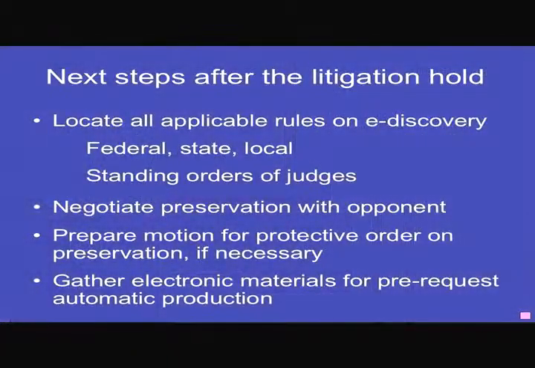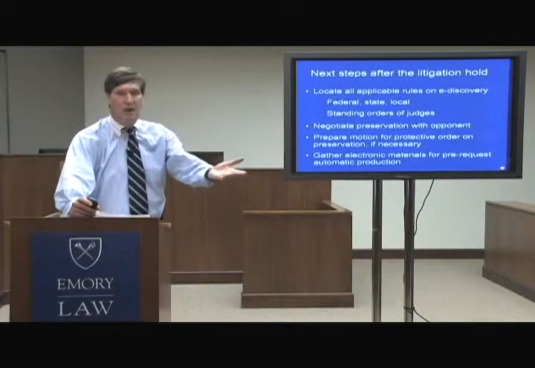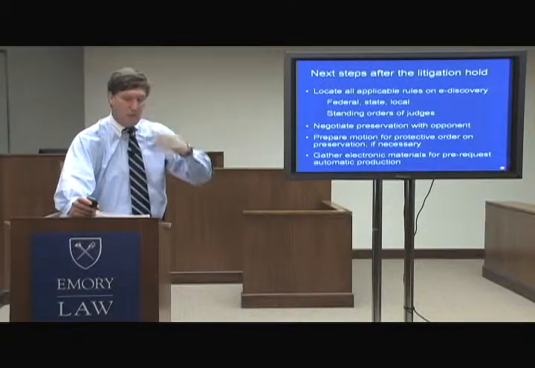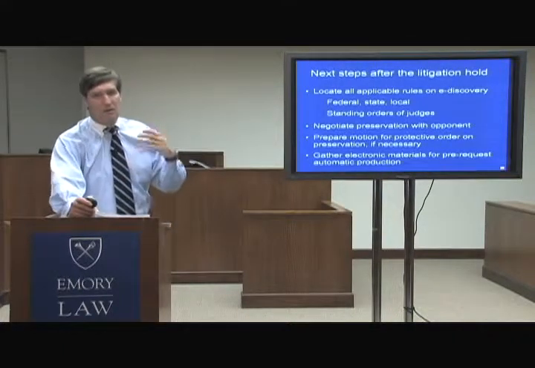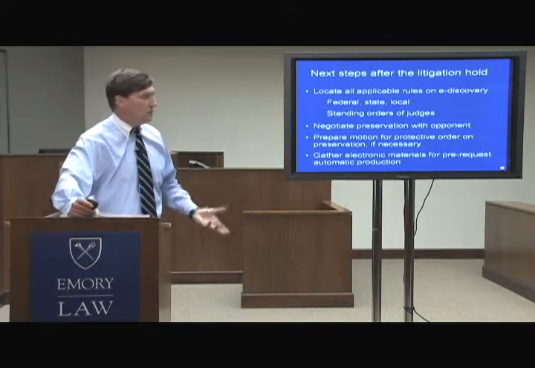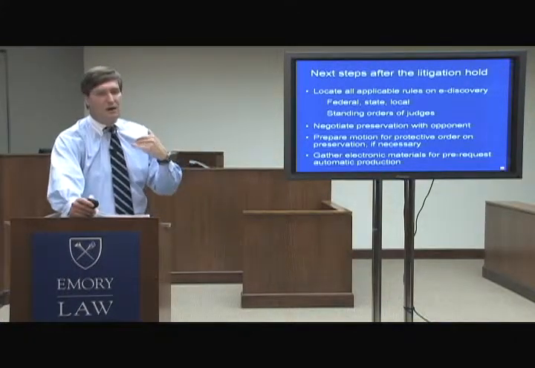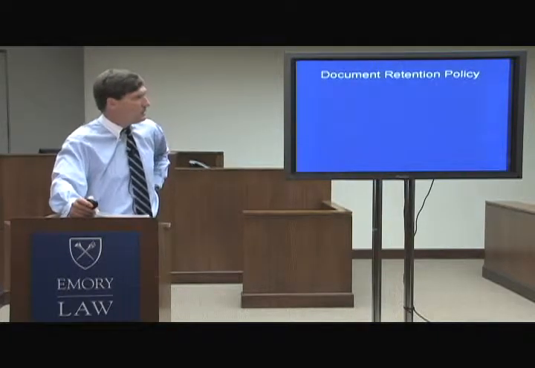And then you want to gather the electronic materials for that pre-request and the automatic production request, to make sure that you are able to turn over to the other side what is automatically required to be turned over. Things like a map of the architecture of the IT system, the names of the IT people, and the information the other side has a right to immediately in order to understand what the e-discovery task is.